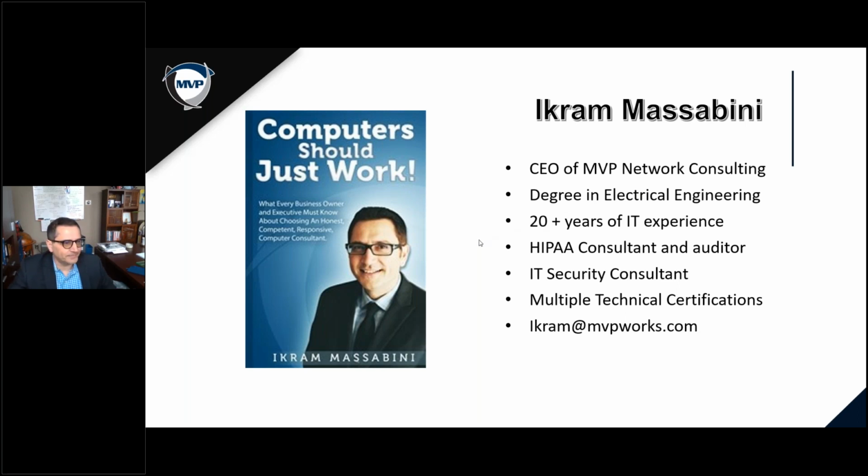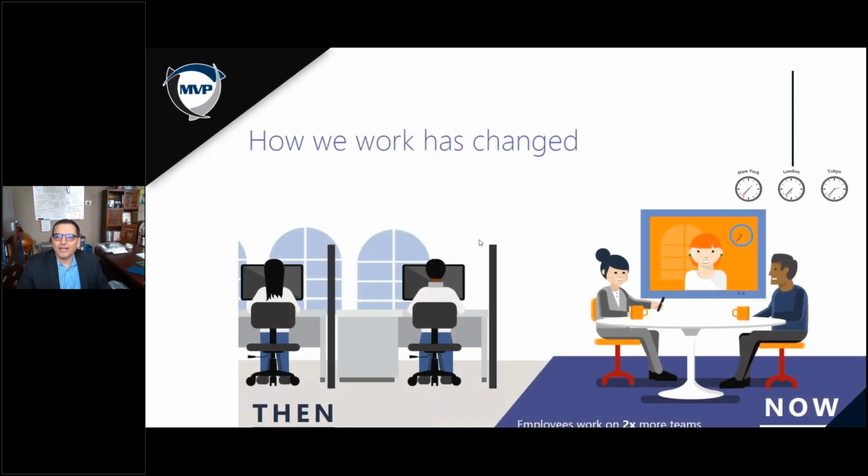So let's get started. We want to talk about how we work has changed. Back then, and back then not too long ago, people were more in cubes, working one-on-one with their machine and specific tasks that they're working on. Nowadays, people are more collaborating. Employees work in 2 or more teams that they're in, whether they're part of the sales team or a specific team that got created for a specific project or whatever it may be.